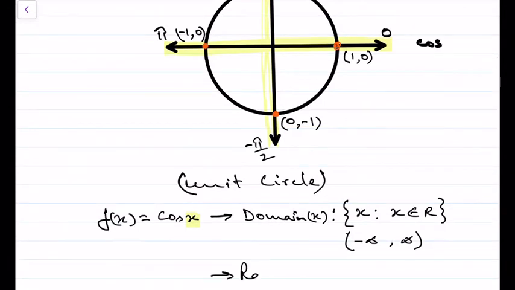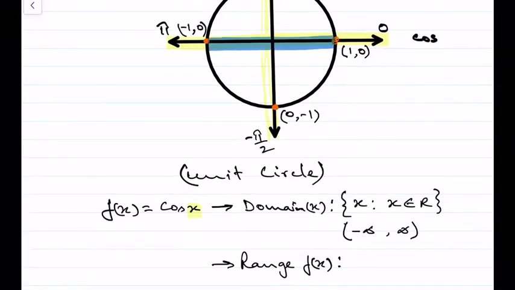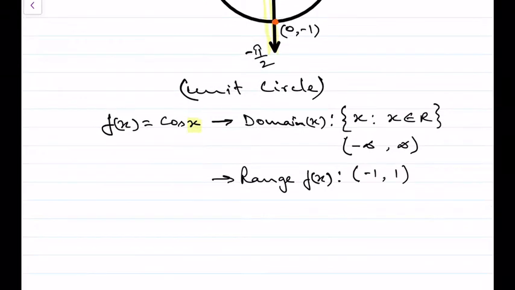And now for the range, the value of cos x, depending on the point on the circle, can go to a maximum of 1 at x = 0 degrees and a minimum of -1 at x = pi. So the range of cos x is from -1 to 1.